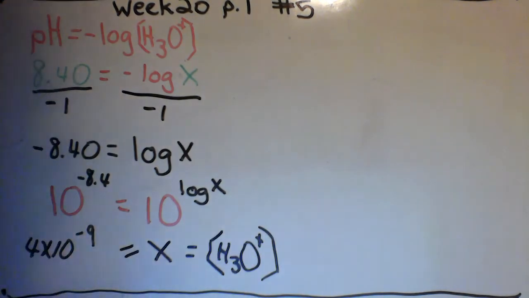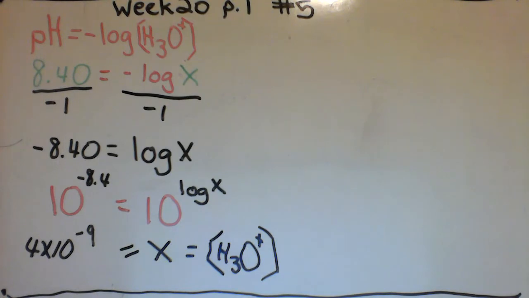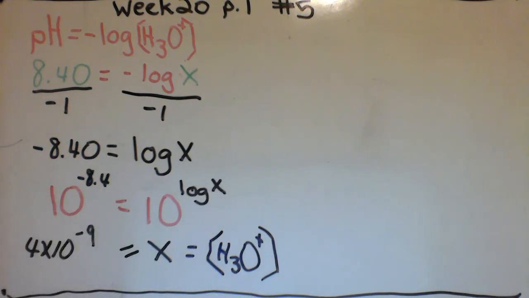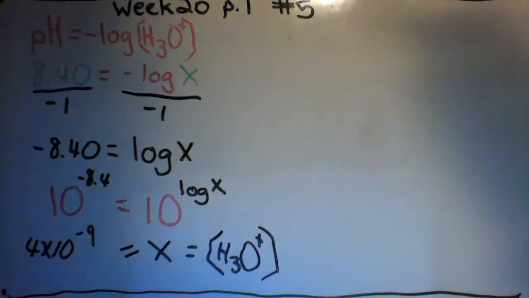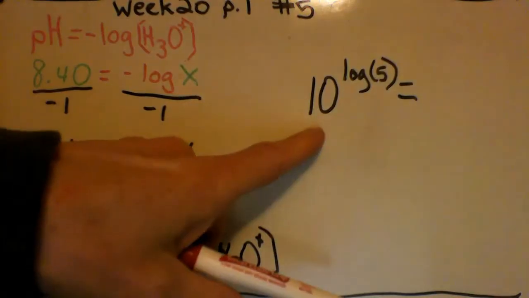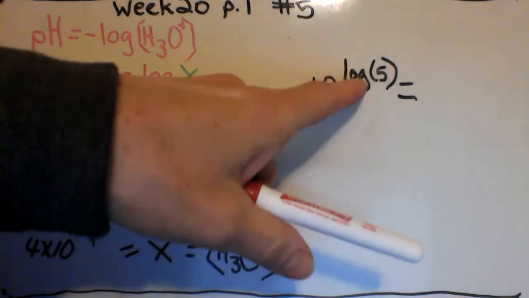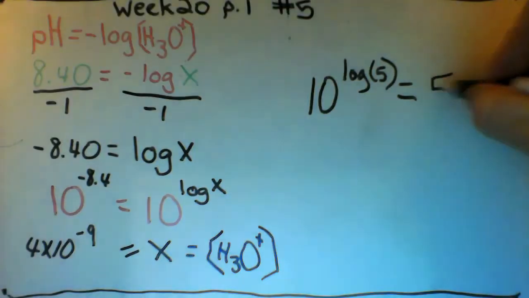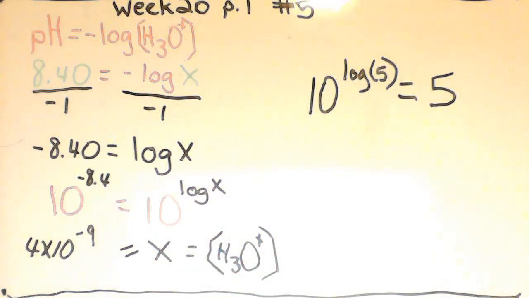Now let's try a few more calculations on the calculator, raising 10 with an exponent that's a log, just to prove to you that 10 to the log of x is x. Try putting this into your calculator. If we raise 10 to the power of log 5, you get 5.